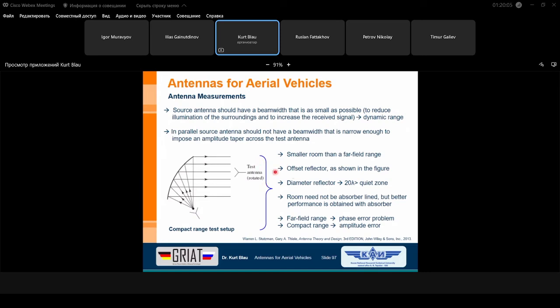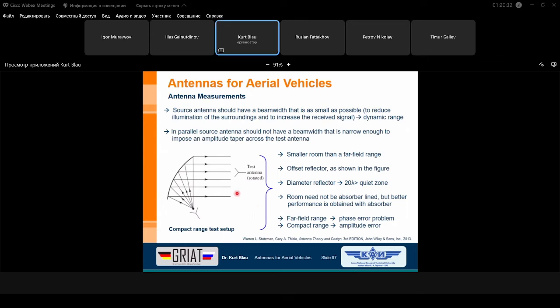If the plane of reflections has exactly the same plane as your antenna under test, so that the reflected rays are exactly the same as the outgoing rays here, then the measurement result should be okay.